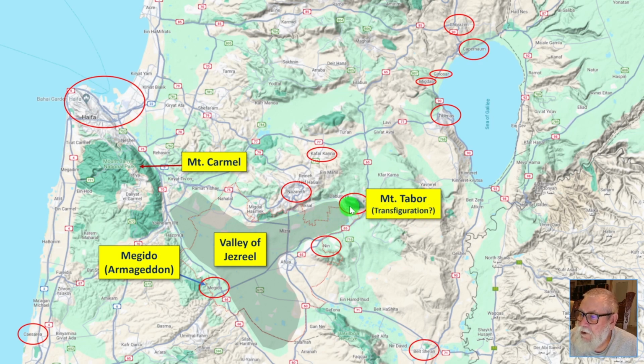Mount Tabor, you may recall, was where Deborah and Barak defeated the Canaanite army that was commanded by Sisera.